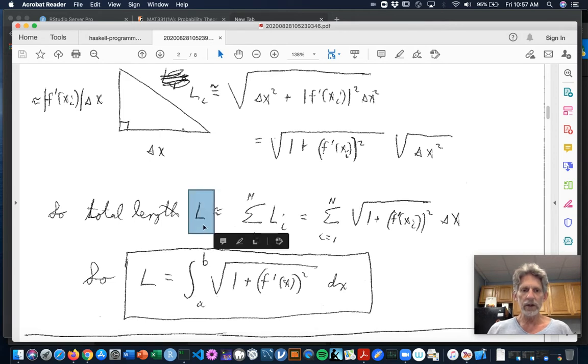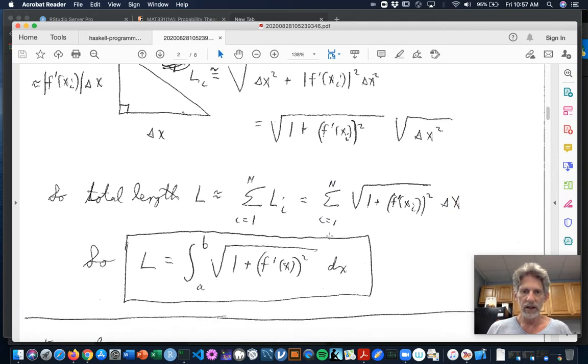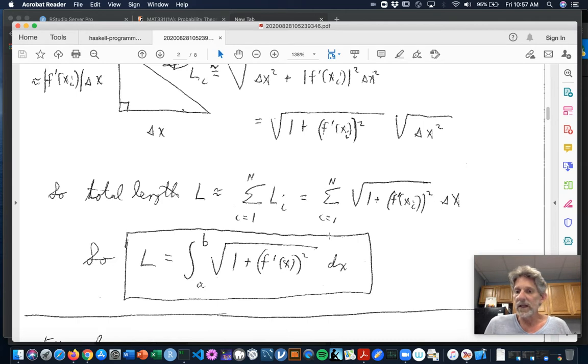So we have this expression for these little L sub i's. The total arc length of the curve would be the sum of all those little L sub i arc lengths from the first division up to the nth one. And so we're looking at the sum, square root of 1 plus f prime of xi squared times delta x, i going from 1 to n. We could just take the limit of that as capital N goes to infinity.